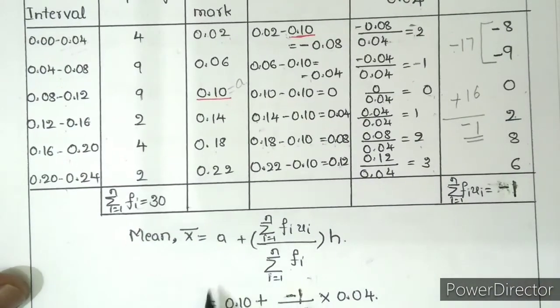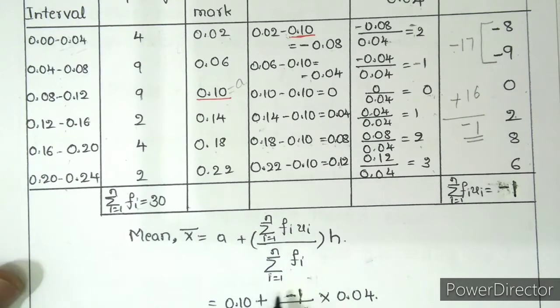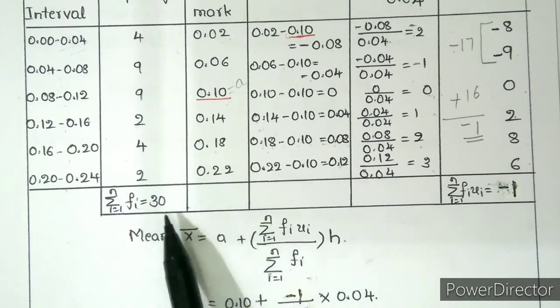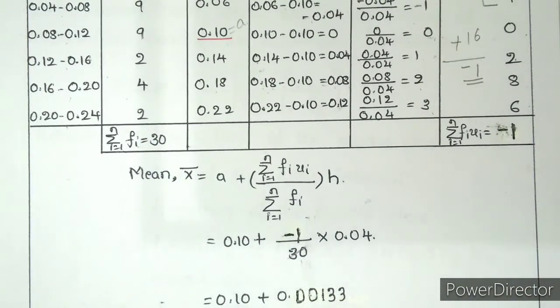So the mean x bar equals a plus summation of fi ui divided by summation of fi, into h. So 0.10 plus, here you get minus 1, divided by 30 into 0.04. When you simplify this, you get 0.0133.